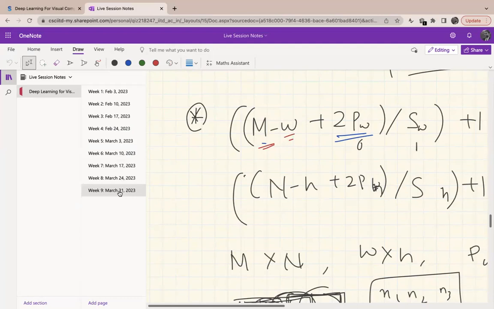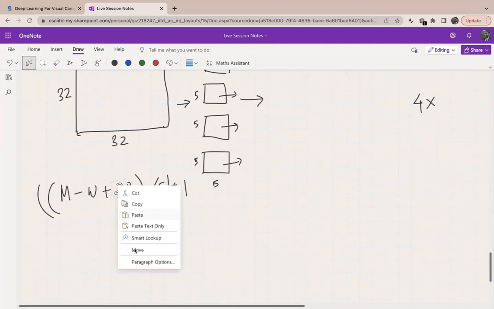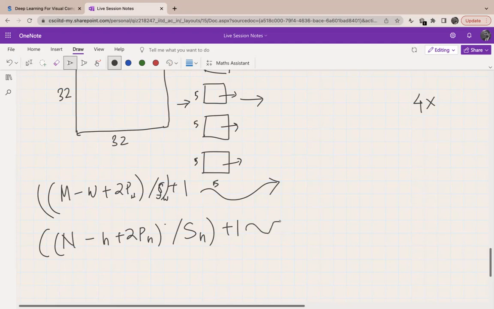So the formula says it all. Let's say this was width, and stride is also for width. For height, we have m minus height plus 2p height by s height plus 1.